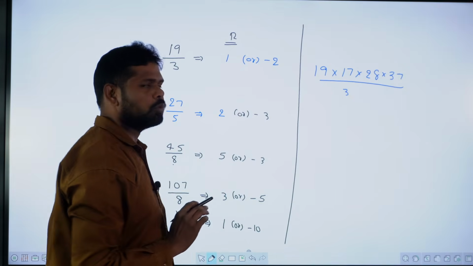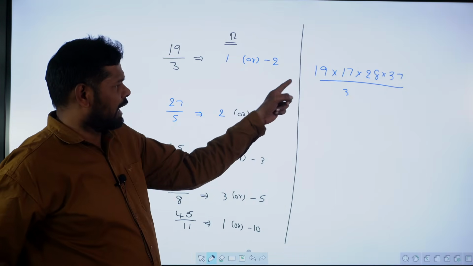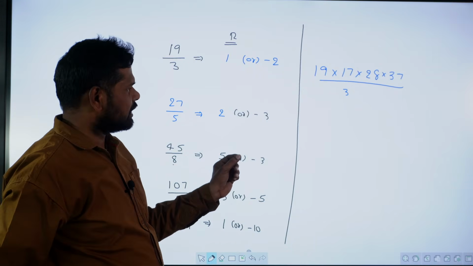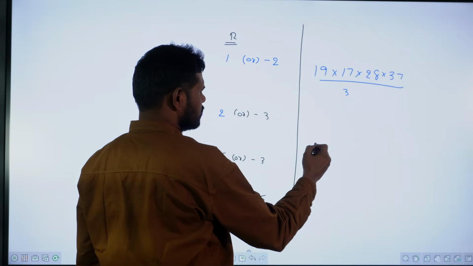What is the remainder? Suppose the question is like this, then there is no need to find the value of the entire product. After that, dividing takes time. Instead of that, simply divide individually. Just observe here also.